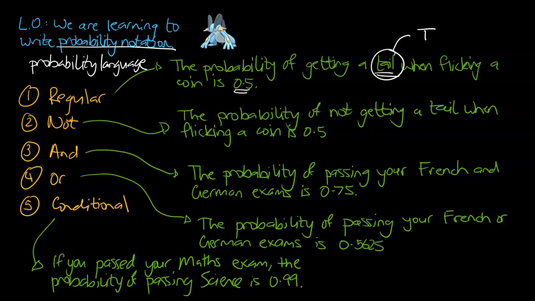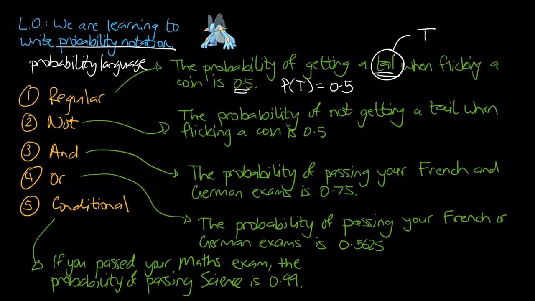So often we will refer to tail as T. So the probability, so that P there stands for probability, and in brackets, we're going to write down the event that we're interested in. So the probability of tails is equal to 0.5. So that there would be our language, that probability language we're trying to get across. So probability of tails is 0.5.